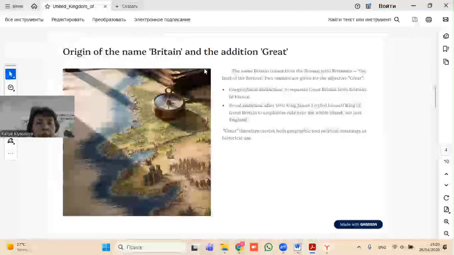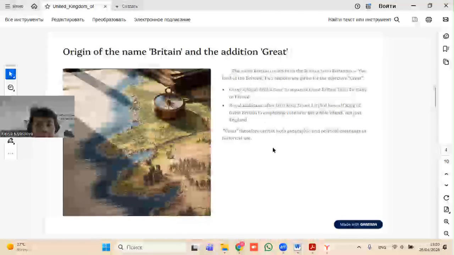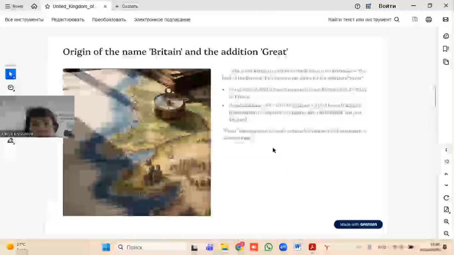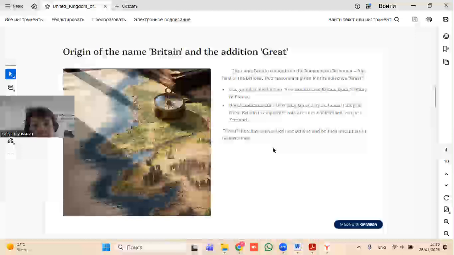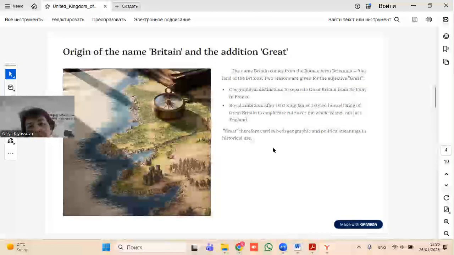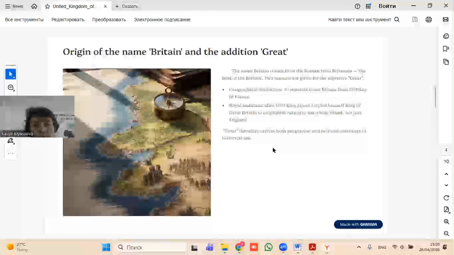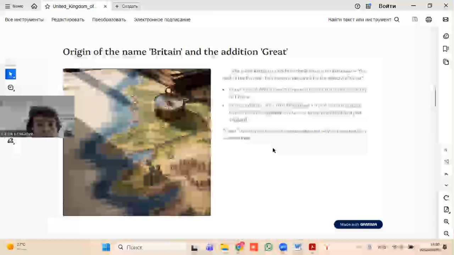Origin of the name Britain and the addition Great. The name Britain comes from the Roman term Britannia, the land of Britons. Two reasons are given for the adjective Great. First, geographical distinction, to separate Great Britain from Brittany in France.